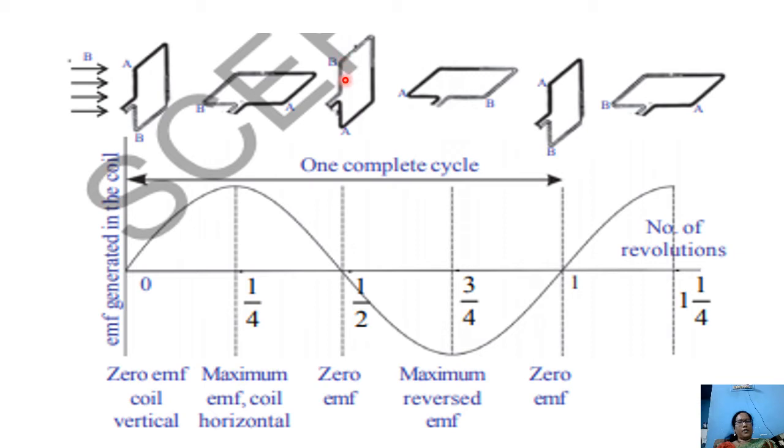The top position is B, the bottom position is A. During the second part of the rotation, the current generated follows the same pattern as the first half, except the direction of the current is reversed. So this is the second half position. Maximum reversed, 0 EMF. So this is one revolution. 0 to 1 is one revolution.